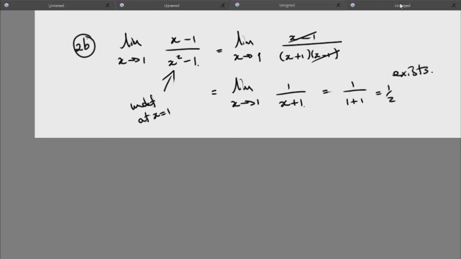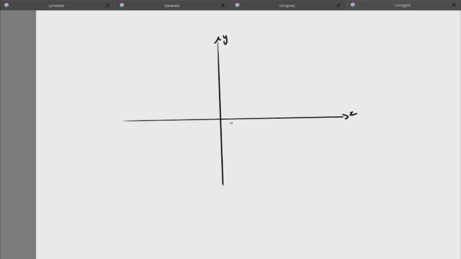So let me just think. At x equal to 1, I have an undefined issue. There is no y value there. It doesn't exist.